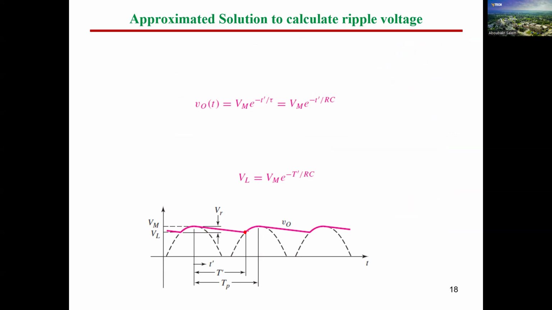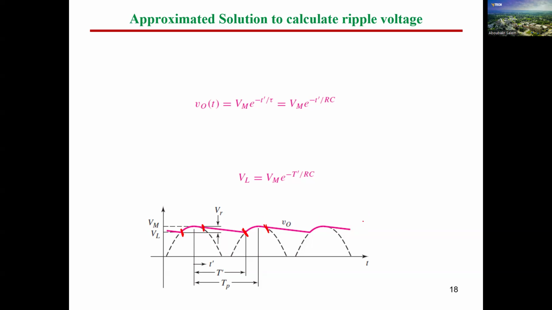So in this case, guys, the diode is turning on from this instant to that instant, and again from this instant to that instant, and so on. And in this case, the output volt never reaches 0. So this is the concept now.